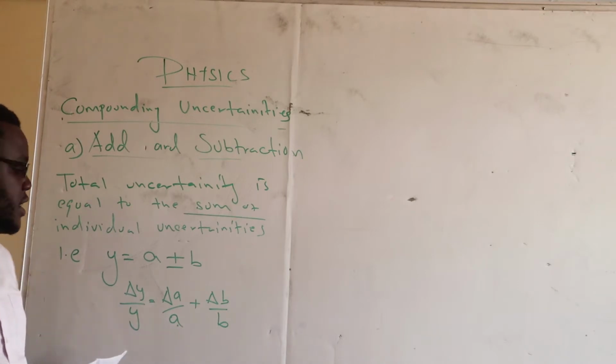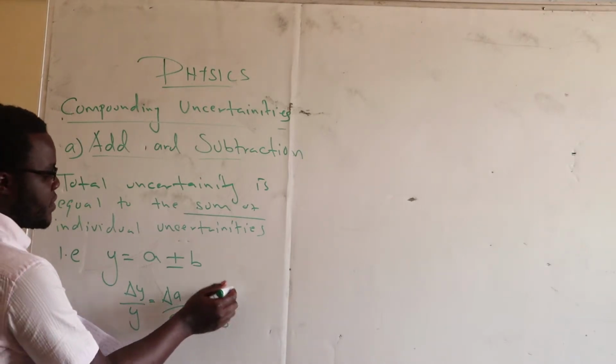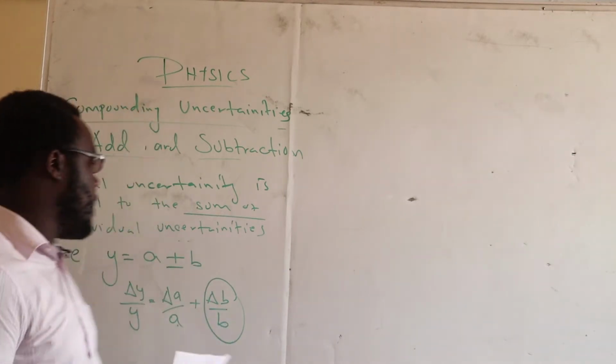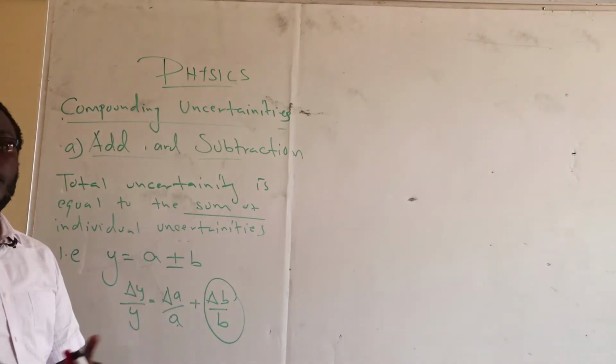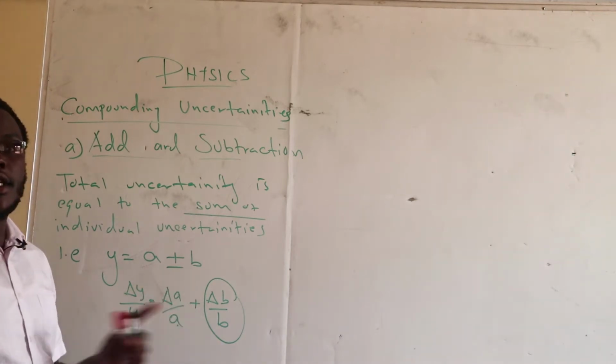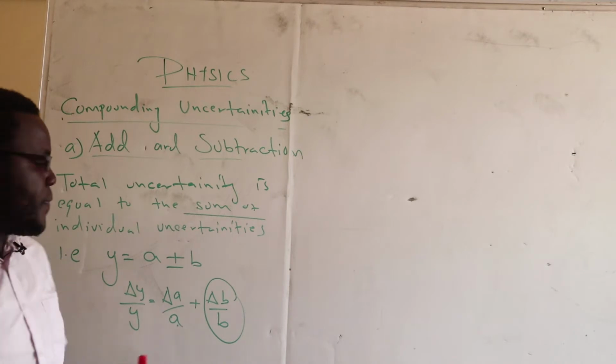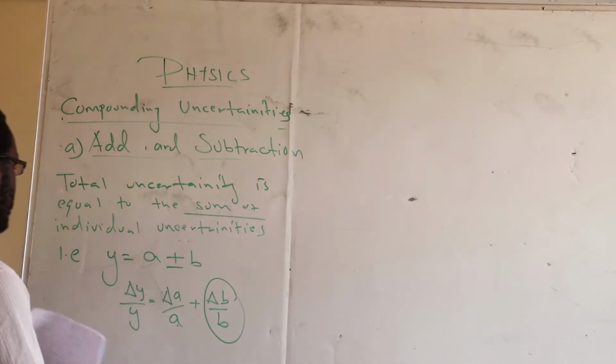You notice that in each case, I am dividing the absolute value by the actual value. Therefore, you notice that in both cases, whether it was an addition or a subtraction, I just have it as the sum. Let me give a more precise example.